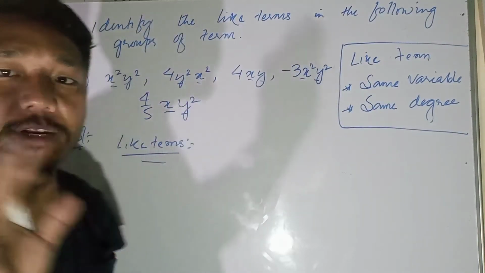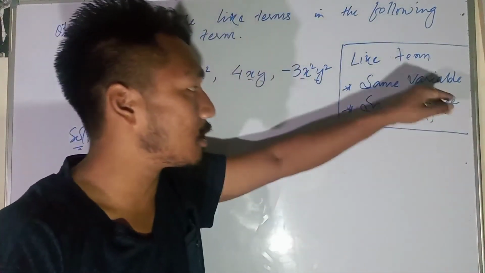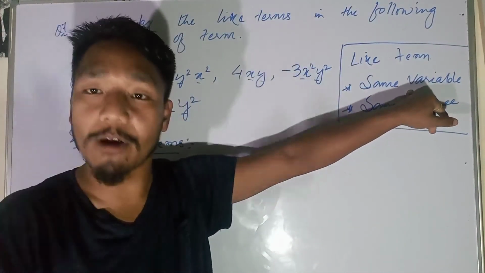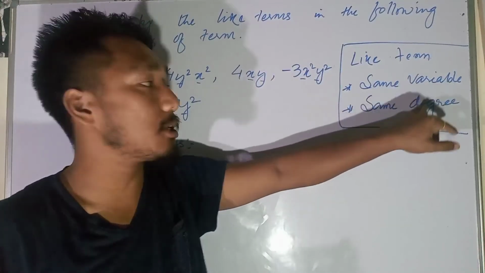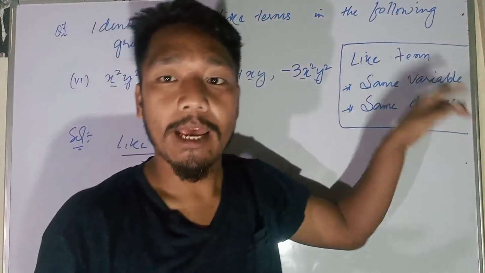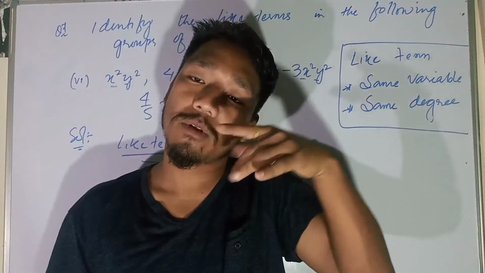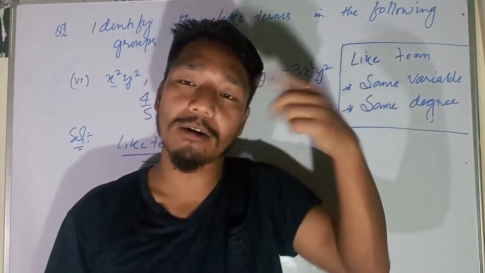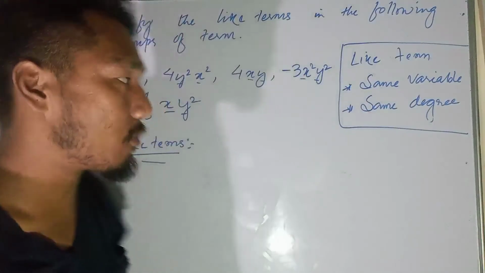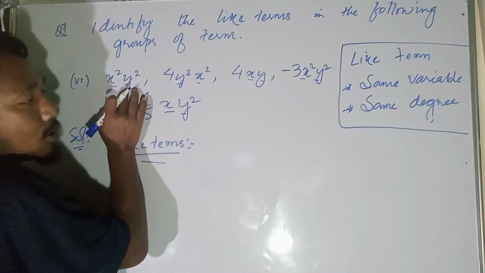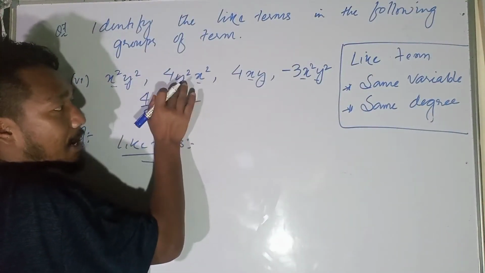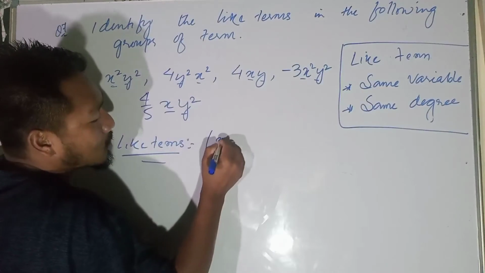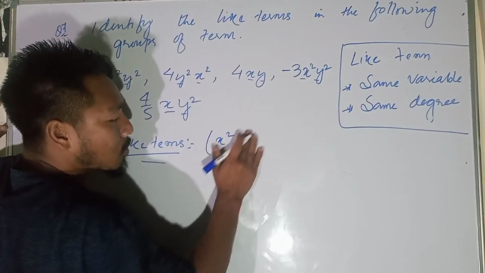They all have an x and y, so the first condition is satisfied: they have the same variables. Now let's go to the next condition: they should have the same degree. If x has a square, another one also should have a square. If y has a square, another term also should have a square. So here we have x squared and y squared, which is also a like term.